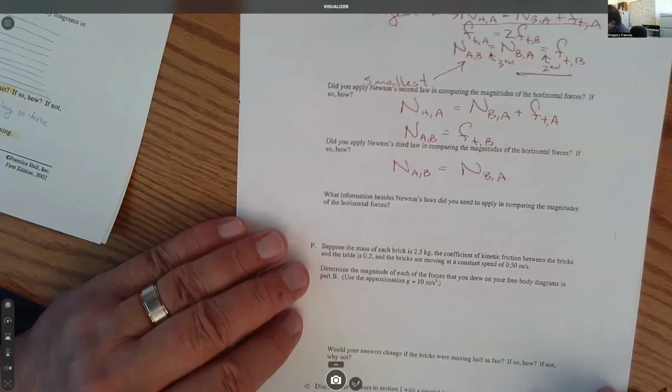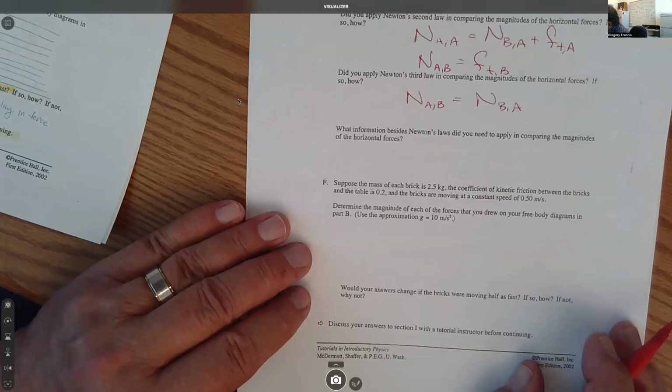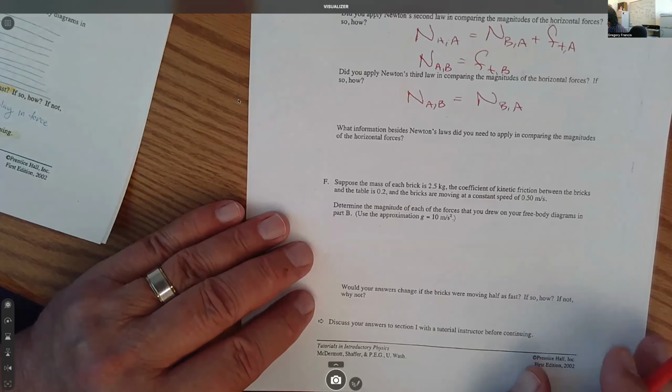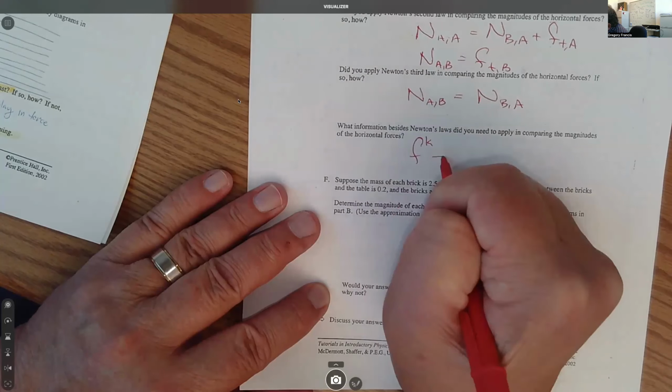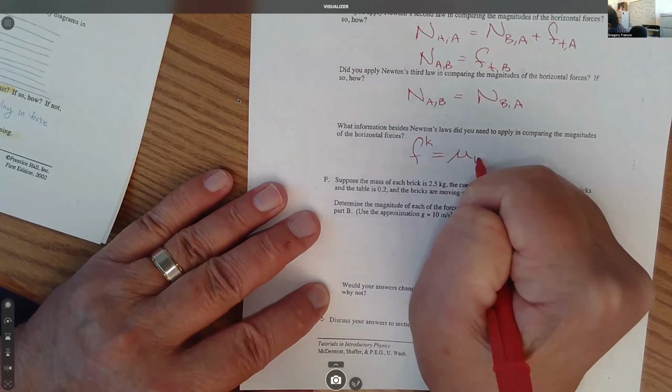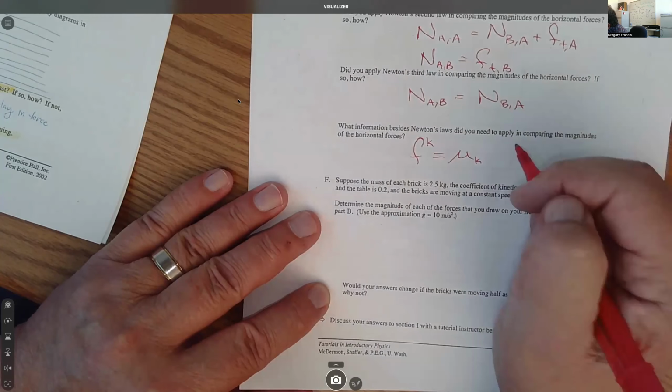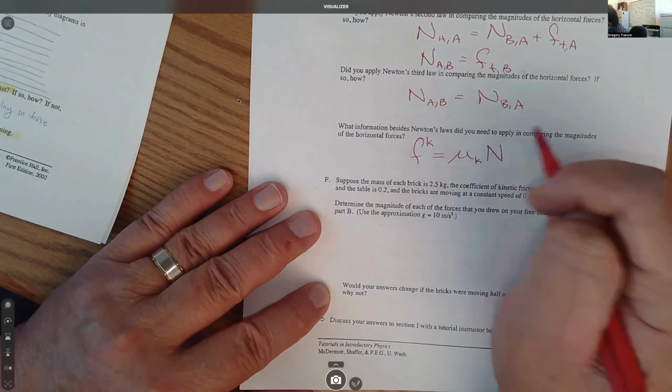Okay. What information besides Newton's laws did you use? And that was that the friction force, kinetic friction, was equal to the kinetic coefficient of friction times the normal force.